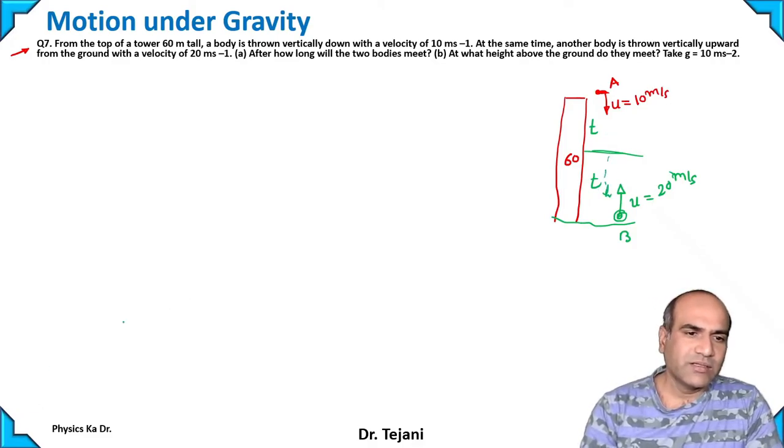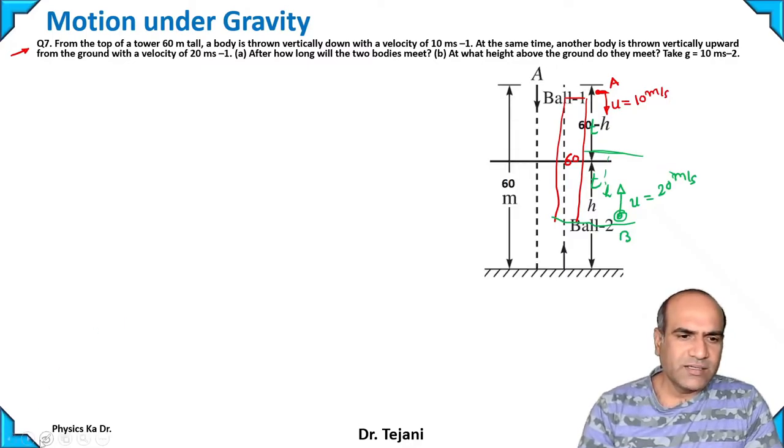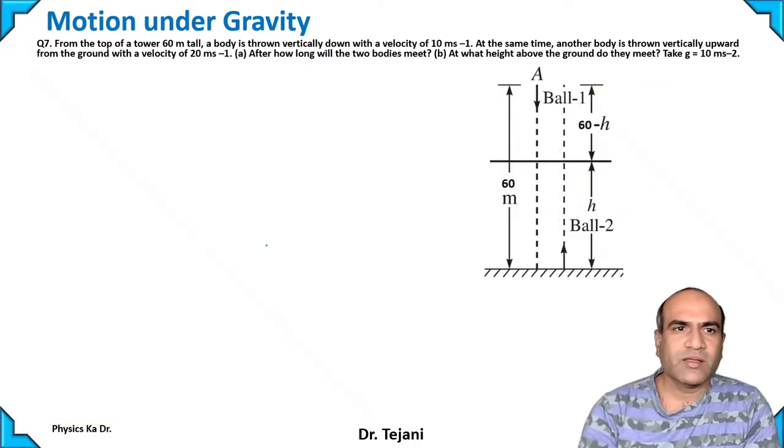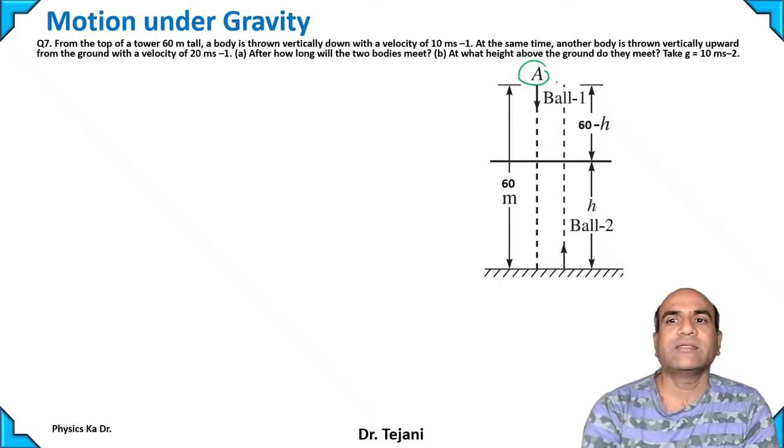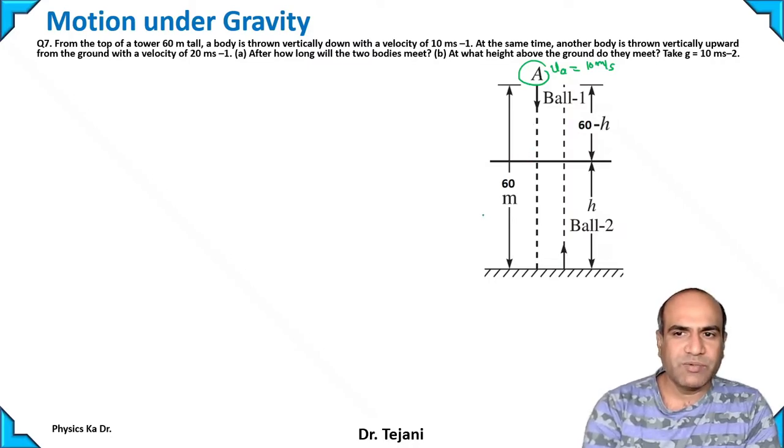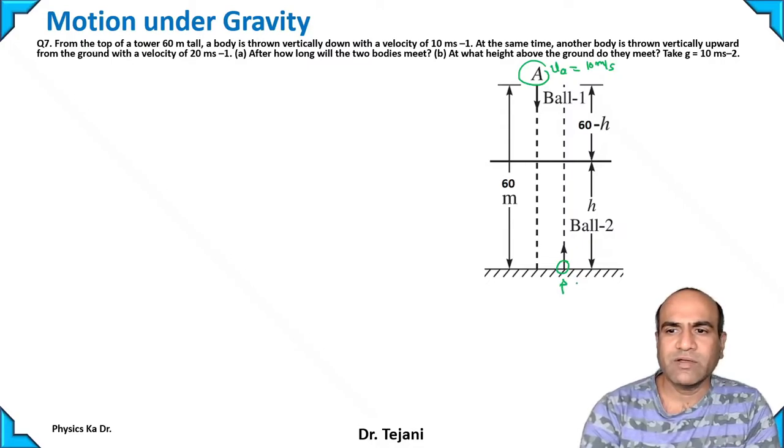Great. Let's understand the similar question once again. There is a tower from where ball A is thrown. So the initial velocity of ball A is given as 10 meter per second from the 60-meter height, and at the same time another ball is thrown in the upward direction with initial velocity ub.